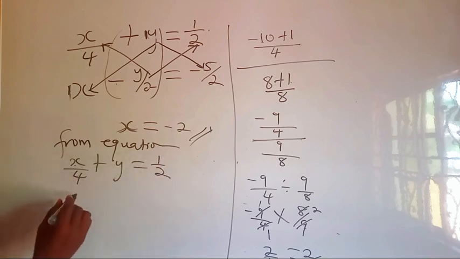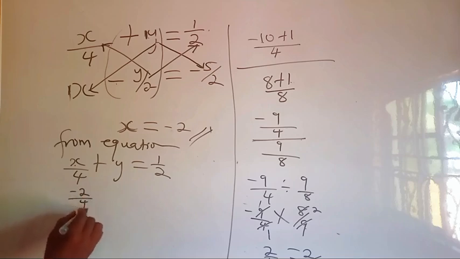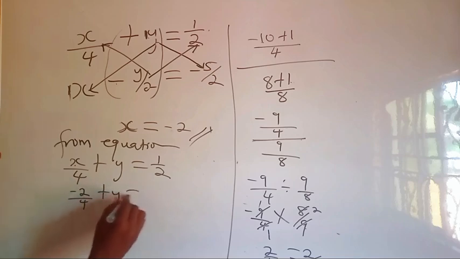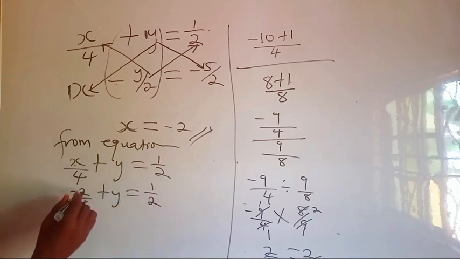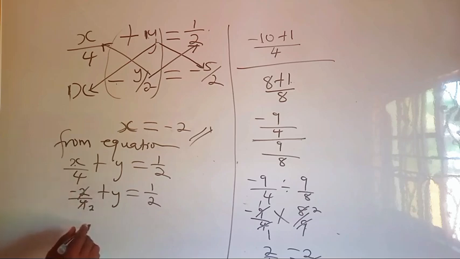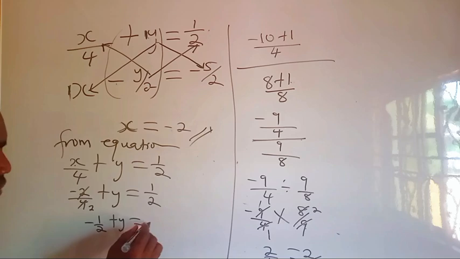So where I see x, I put minus 2 all over 4 plus y is equal to 1 all over 2. So 2 here is 1, 4 here is 2. So that is minus 1 all over 2 plus y is equal to 1 all over 2.